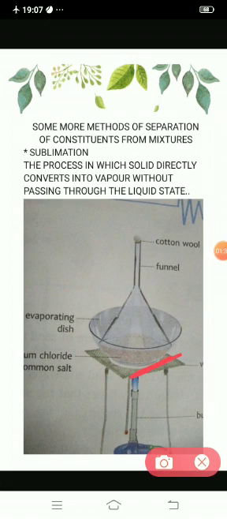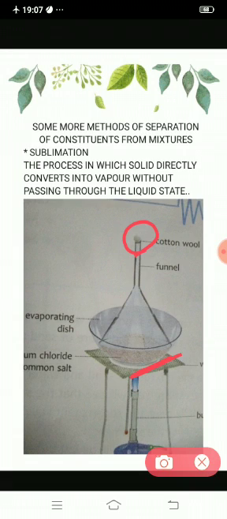On being heated, ammonium chloride starts converting into vapor form, and that vapor will come out from where? From the mouth or opening of the funnel.